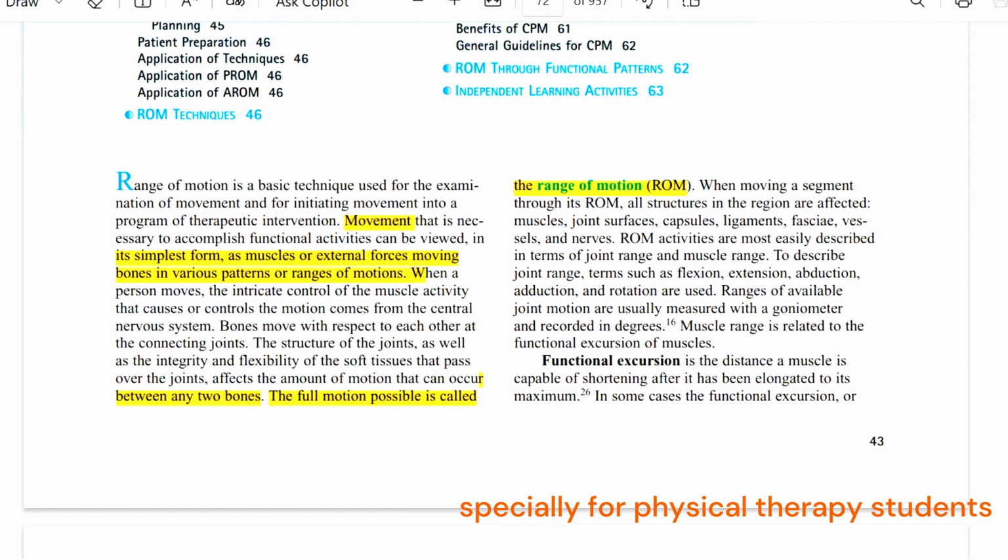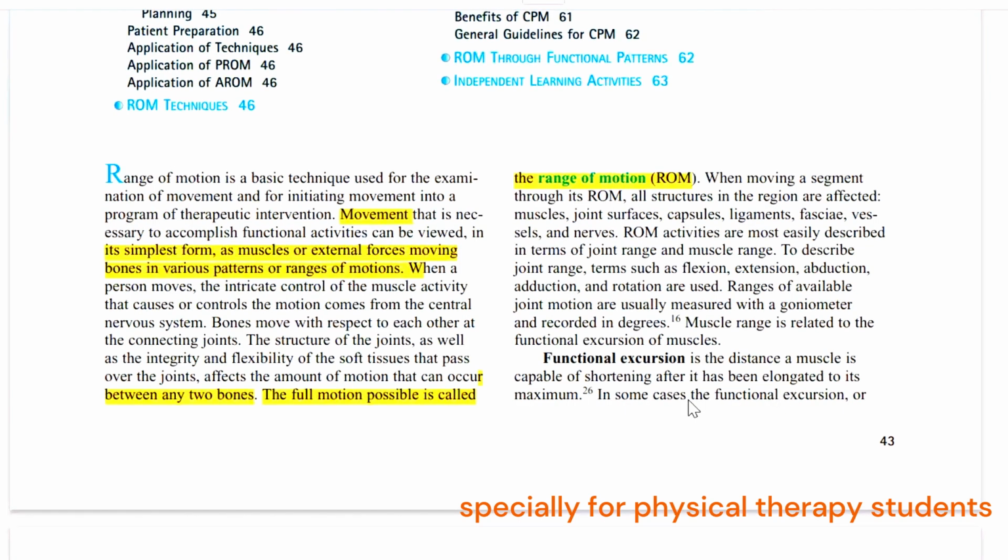These are the basic restrictions that we can face while performing range of motion. If a person can easily perform complete range of motion, 160 to 180 degrees, that is the normal shoulder flexion.